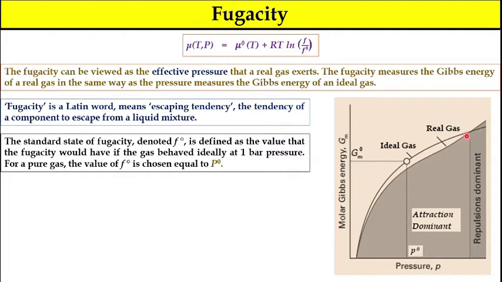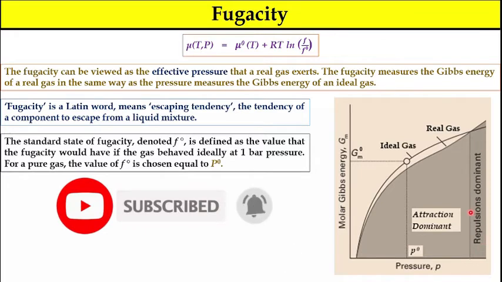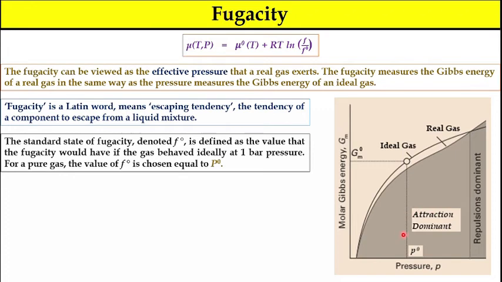And at that point, these two lines cross each other, and you can see a crossing point here. After that crossing point, you can see repulsion force dominant, and before this crossing point, you can see attraction force dominant. So this is the curve between GM and pressure.